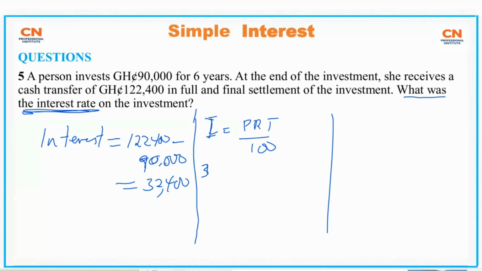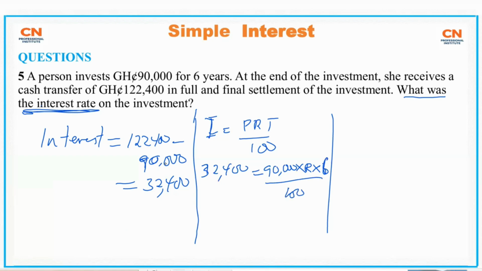The interest we just got is 32,400, is equal to the principal, 90,000, times the rate, which we don't know, R, times the T. T is what? 6 years. Then we divide by 100.